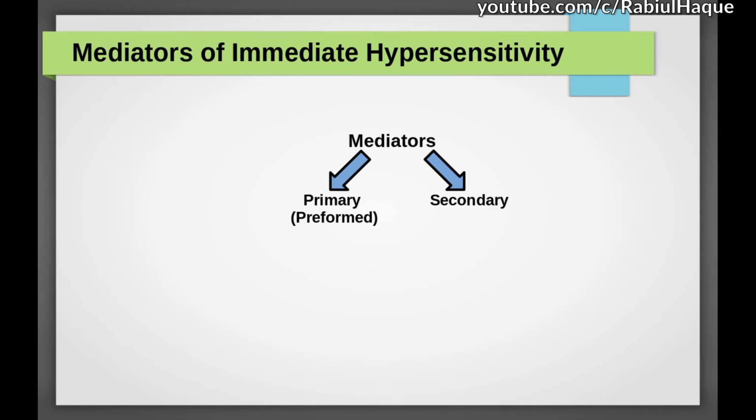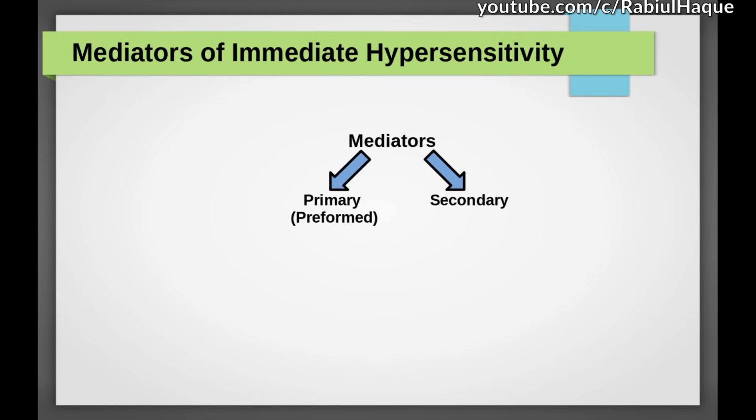When mast cell got activated due to antigen cross-linking immunoglobulin E antibodies on mast cell surface, complex sequence of reactions will occur inside the mast cell, and that will lead to mast cell activation, and this will cause mast cell degranulation and release the primary mediators.